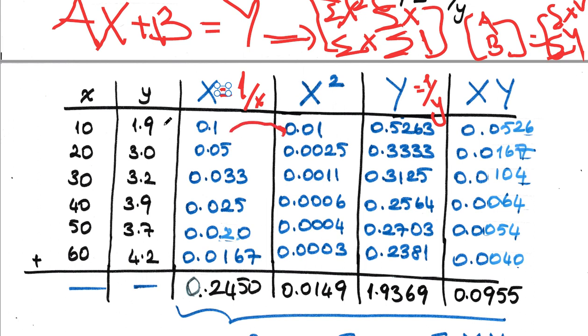Because of this I'm writing in blue marker. Then create big Y and big X times big Y. So I multiply 0.1 times 0.5263. In our calculations, guys, we generally take 4 digits after the decimal point, so you are seeing 4 digits after the decimal point here.